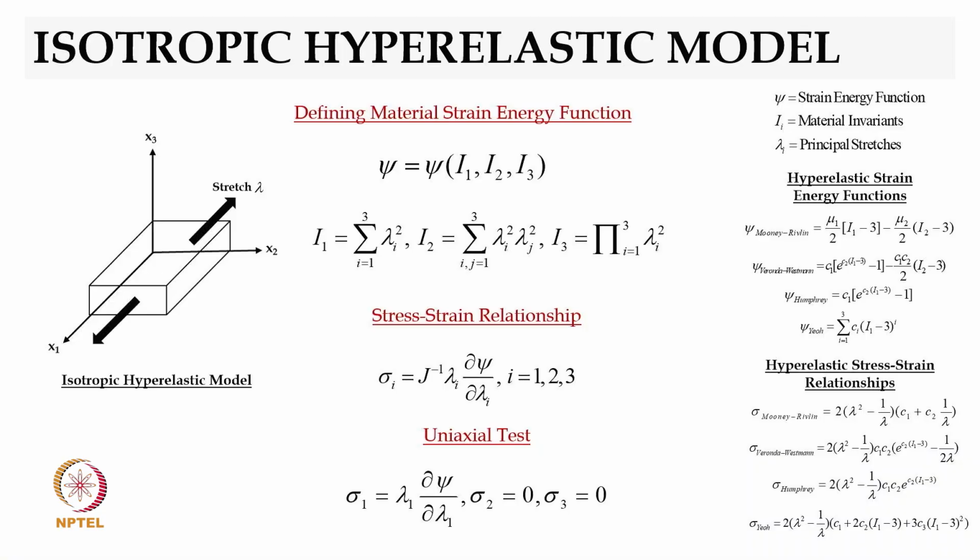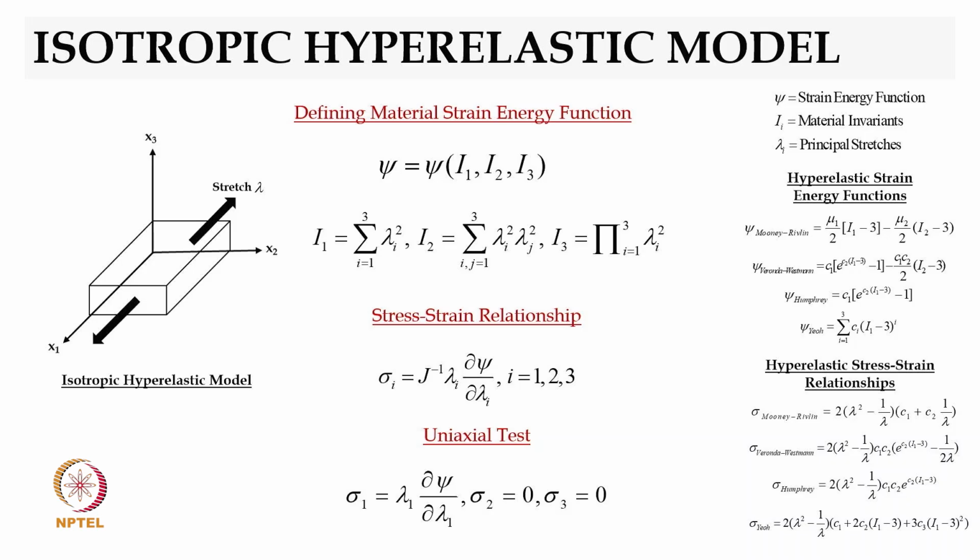I2 is given by the sum of lambda i square lambda j square. So this reads as I2 is equal to (lambda 1 lambda 2) whole square plus (lambda 2 lambda 3) whole square plus (lambda 1 lambda 3) whole square. This is what I2 is.